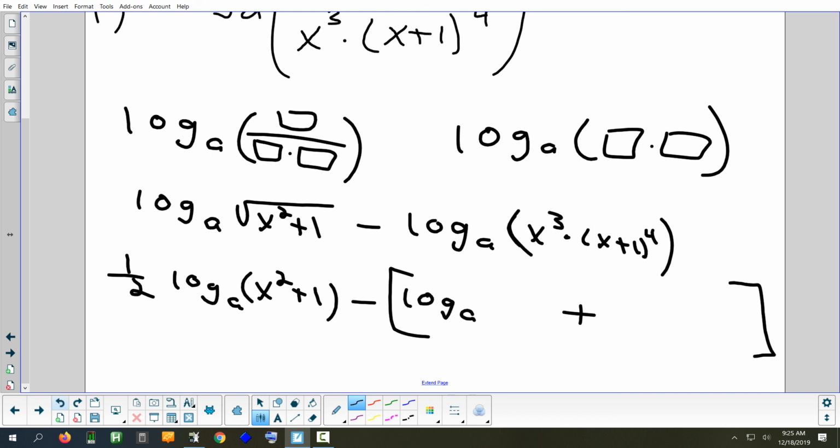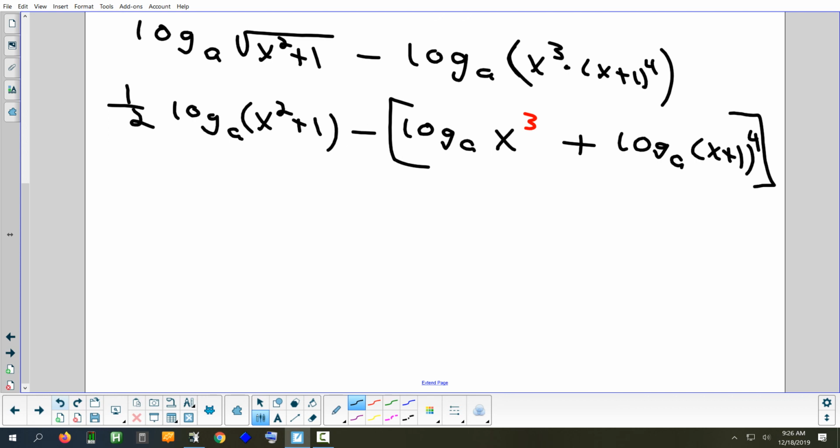So it's log base A, log base A. First argument is x cubed. Second argument is the second thing, x plus 1 to the fourth. Now, if you didn't put brackets there, it would be kind of like writing something like this.